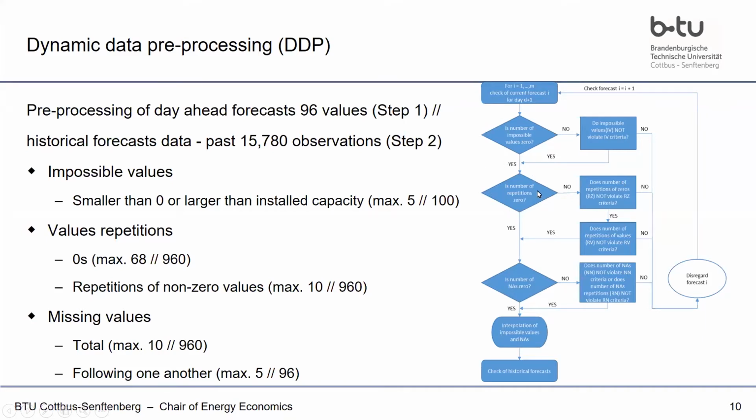Next, we also check for the number of repetitions of zeros, and we also check for repetitions of values. If we proceed down, we also check the number of NAs, whether it is 0, or whether this specified criteria is violated. If the number is 0, we continue on. We interpolate the impossible values and the NAs, and we go to step 2, where we check the historical forecast data quality.